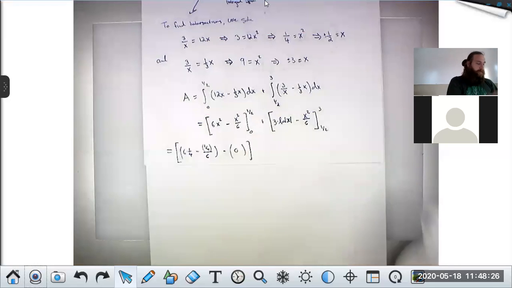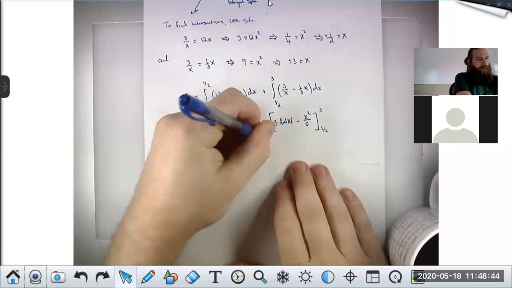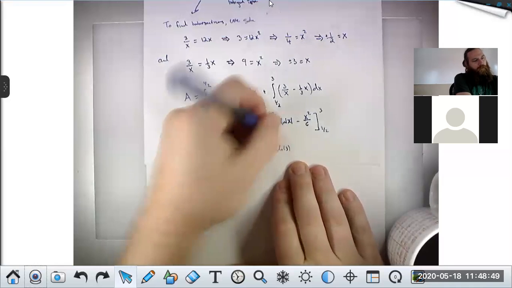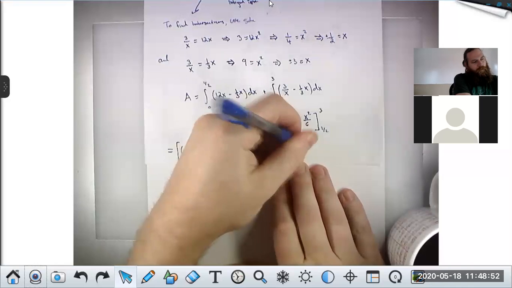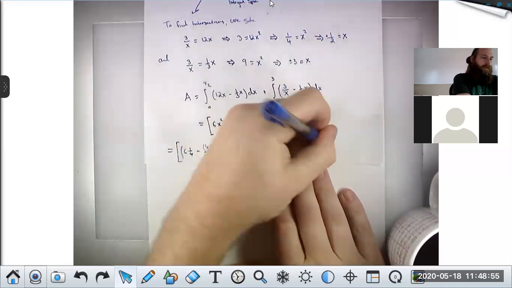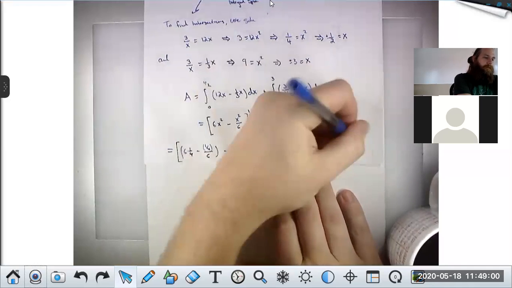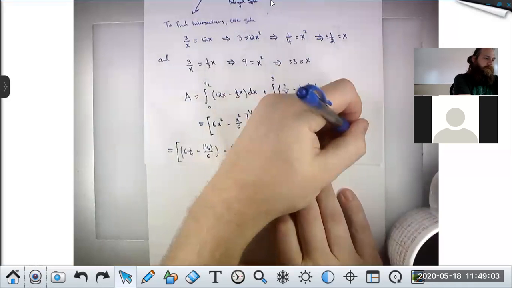And then evaluating the second piece, I'll have 3 times the natural log of 3 minus 9/6. And from that, I need to subtract 3 times the natural log of 1/2 minus 1/4 over 6.